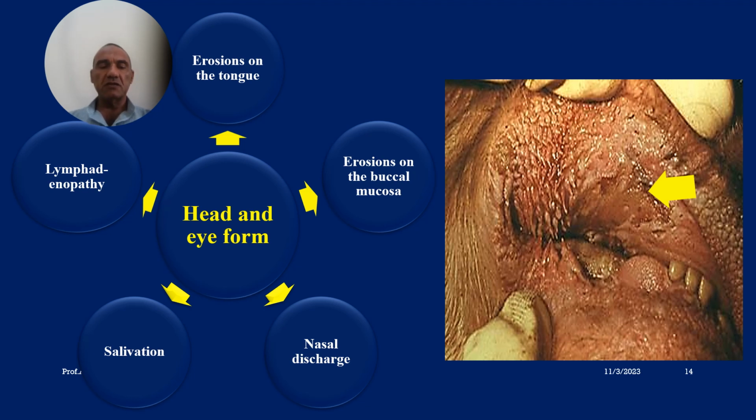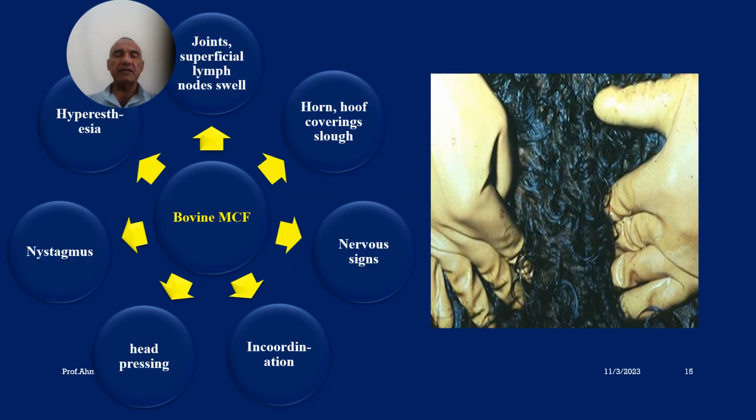Nasal discharges, salivation, lymphadenopathy. Bovine malignant catarrhal fever showing joints, superficial lymph nodes swelling, horns, hoof coverings sloughed, nervous signs, incoordination in gait after about 4 days, head pressing at the end of the stage, nystagmus, and hyperesthesia at the end of nervous form.